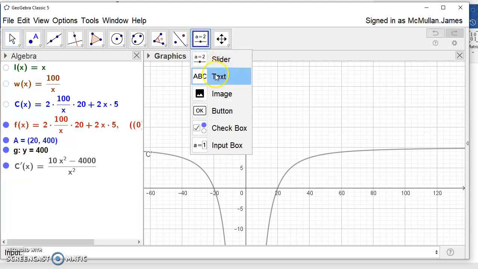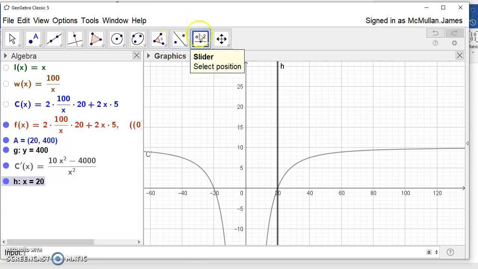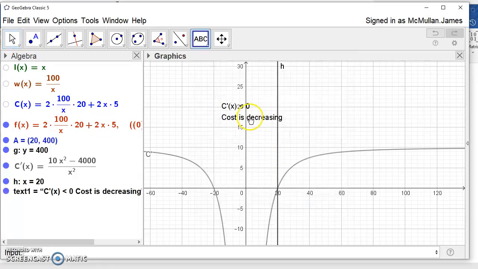So if you want to imagine, let's draw a little interval here at x equals 20. Over here, left of it, we have C prime of x is less than 0, which means that the cost is decreasing. So the bigger we make our function, the cost is decreasing.